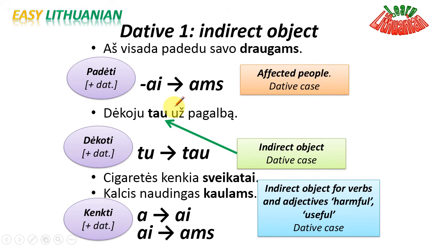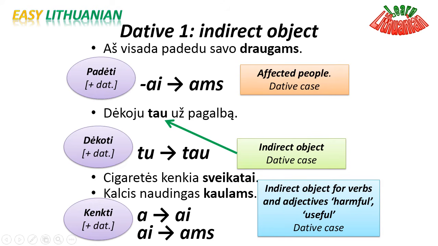Now, cigaretės kenkia sveikatai. Cigarettes harm your health. Sveikata turns to sveikatai. Some adjectives can also be used with the dative case, as sveikata, health, could be treated as an indirect object.